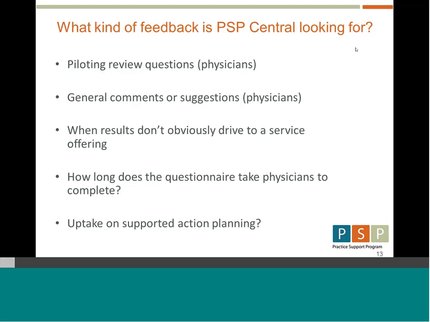These things are happening in parallel, which in a way is not desirable, but in other ways it is, because this is a chance for PSP and the physicians it worked with to help shape the tool from a clinical relevance point of view, as it is simultaneously shaped from a larger initiative point of view. I know it isn't perfect. I just wanted to mention that those other conversations are taking place.